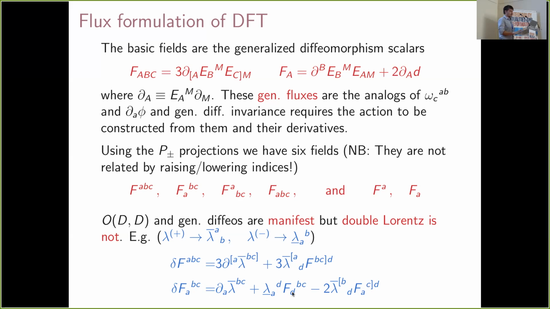And then again, the indices are rotated, the lower indices are rotated with one Lorentz group, and the upper indices are rotated with the other factor. Okay, so upper and lower indices here transform under different Lorentz groups. So these transformations are somewhat awkward. If you just look at the first term, it looks like this one is roughly like a three form. It transforms like a three form, and this one roughly transforms like a spin connection.